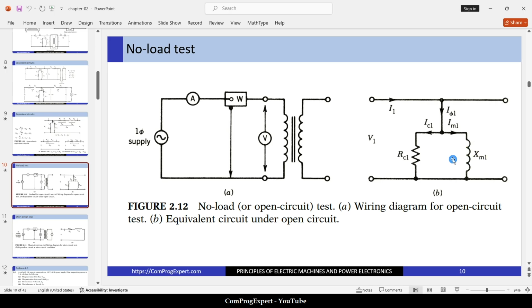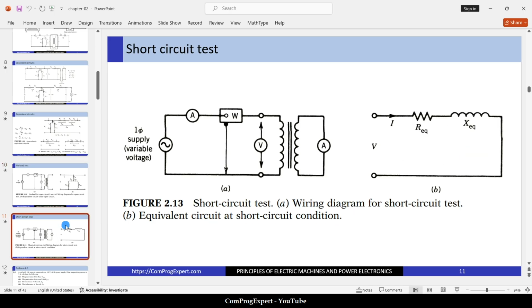magnetizing reactance. Also, we have the short circuit test, where we connect the power supply to one coil again, and we short circuit the other coil.